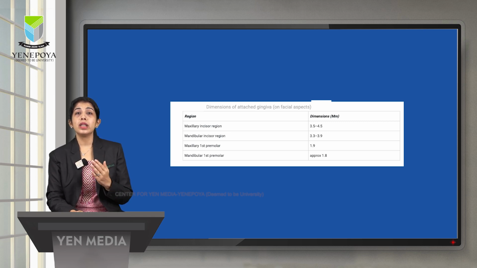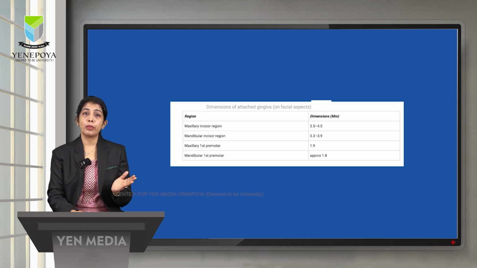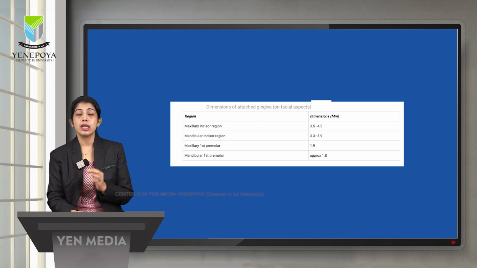The maximum being in the maxillary incisor area, that is 3.5 to 4.5 millimeters. Mandibular incisors, it is around 3.3 to 3.9. Maxillary first premolar is around 1.9 millimeters and the mandibular first premolar is around 1.8 millimeters. So these are the basic dimensions which can change, but at least 1 mm of attached gingiva is now approved to be present. It is mandatory.